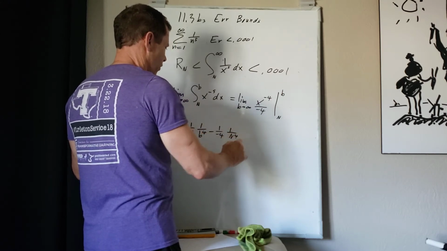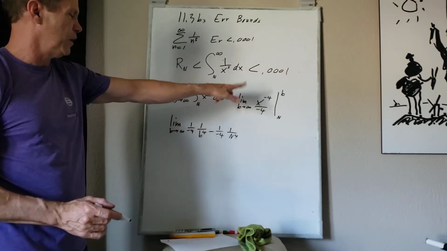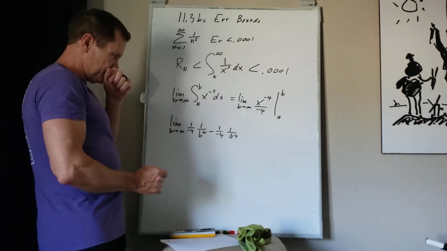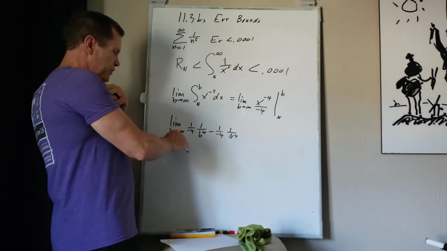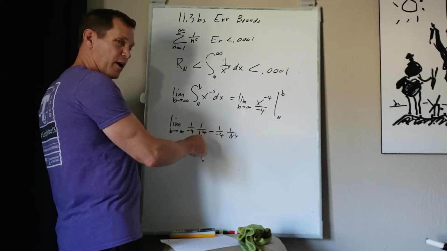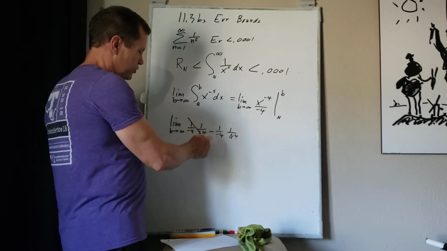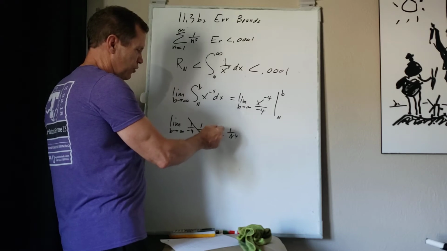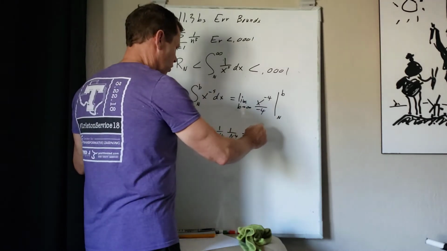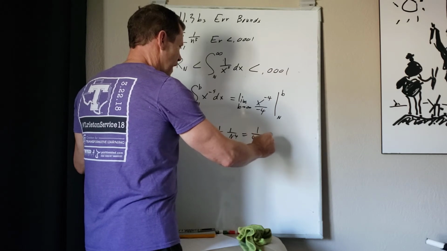So make sure you believe that. That's sticking in the limits of your integral. Now, what happens as b goes to infinity? Well, b is going to be a really big number. Taking the fourth power is going to be an even bigger number. So this is going to go to 0, and you're left with two minuses. So this is going to equal 1 over 4 times N to the fourth power, and I've got to make that less than 0.0001.